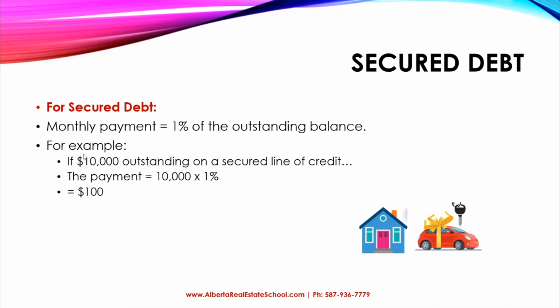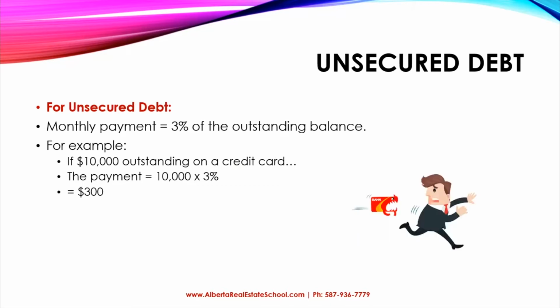For example, let's say somebody has $10,000 outstanding on a secured line of credit, for example, HELOC, which is the home equity line of credit. So in this case, the payment would be 1% of the outstanding balance, which is $10,000. So $10,000 times 1% will give us $100. So that's what we are going to use for our payment.